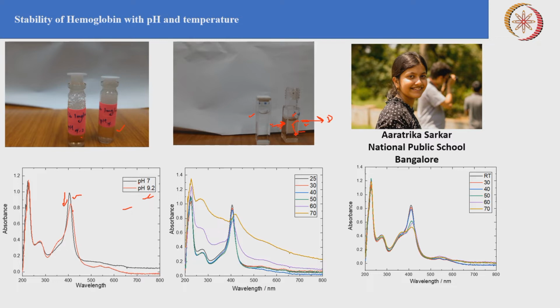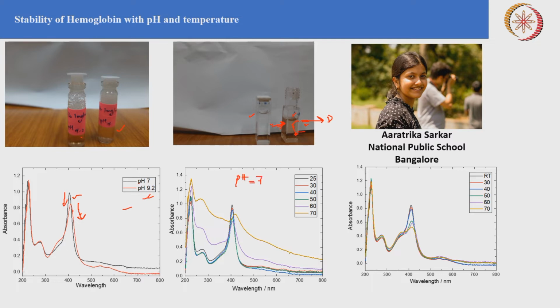That's why you can see that with pH the intensity of your absorbance spectra is decreasing, which indicates that your protein structure is also changing. If the absorbance spectra is decreasing, that means the stability of the protein structure in the initial state is decreasing.